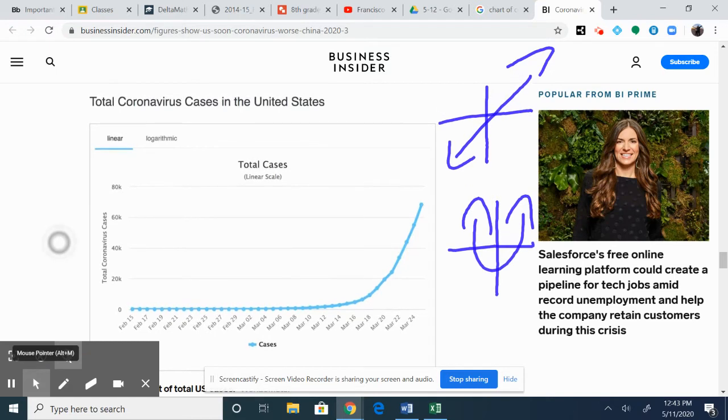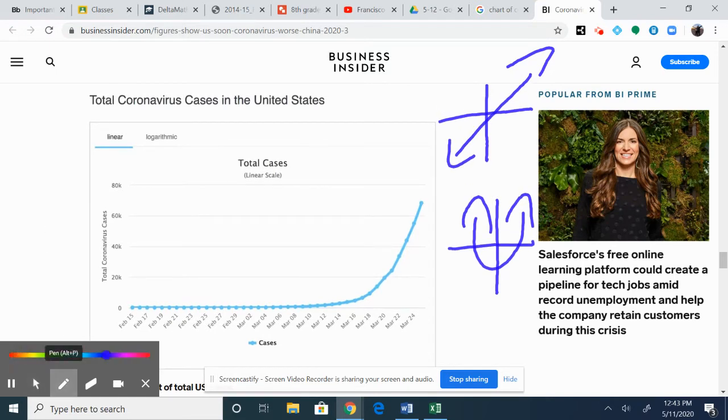So as an example, I'm going to use the coronavirus cases that we have in the US, and we're going to talk about why it's such a big deal. If you notice, we have a little chart here that tells us from February to late March. From February to early March, there weren't that many cases in the US. It was still fine.